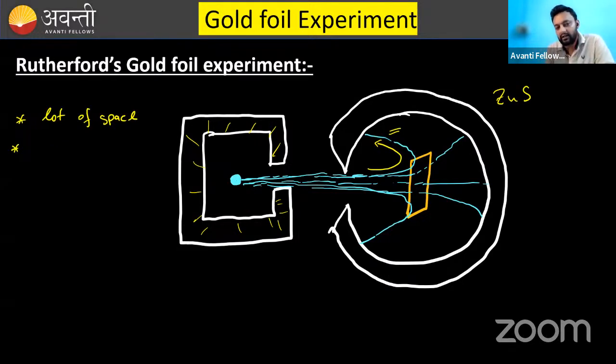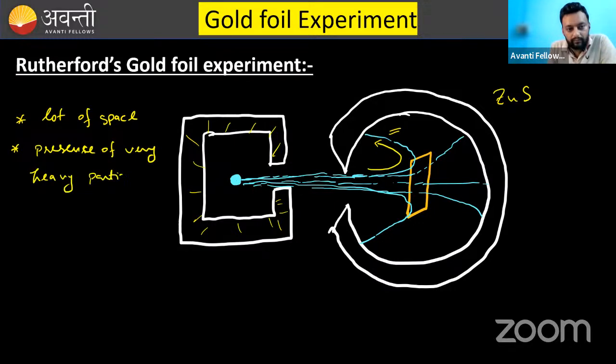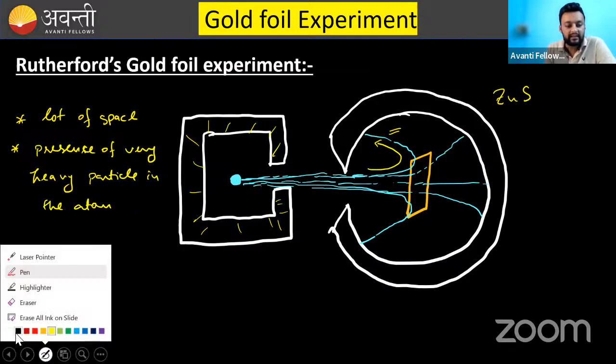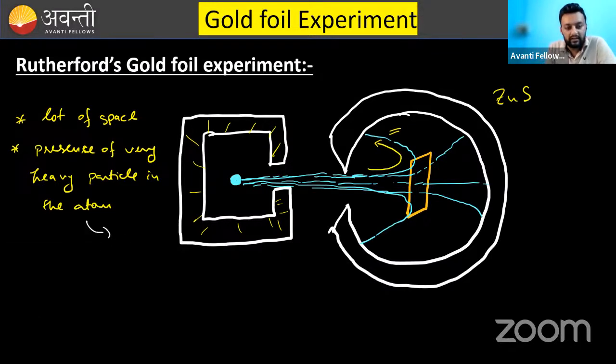Second, the conclusion that we can draw is the presence of a very heavy particle in the atom. This heavy particle was later termed the nucleus.